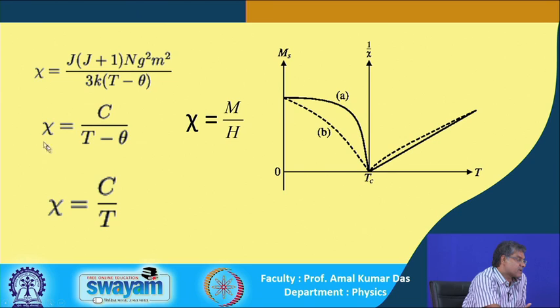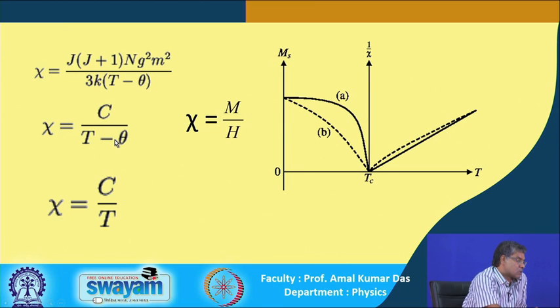This expression is valid only above T c, otherwise it will be negative, because if T is less than T c, then it will be negative, and so it is not valid. Above T c it is paramagnetic phase, below T c, below theta, it is ferromagnetic phase.